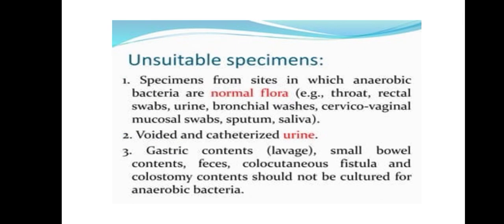The unsuitable samples for diagnosis are specimens from sites in which anaerobic bacteria are normal flora, for example, throat, rectal swabs, urine, bronchial washes, cervicovaginal mucosal swabs, sputum, saliva, and voided and catheterized urine samples. Then third is gastric content, small bowel content, fecal sample, cutaneous fistula and colostomy content, which should not be cultured for anaerobic bacteria.